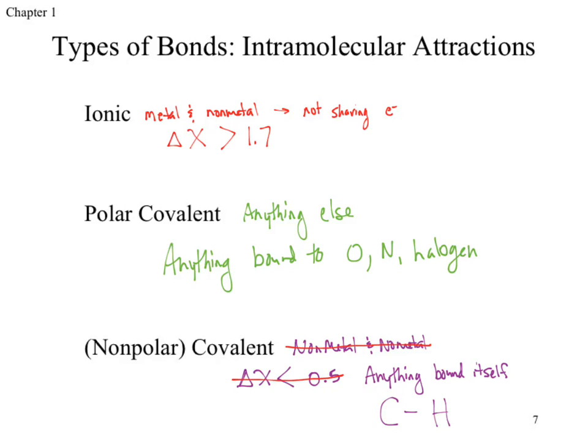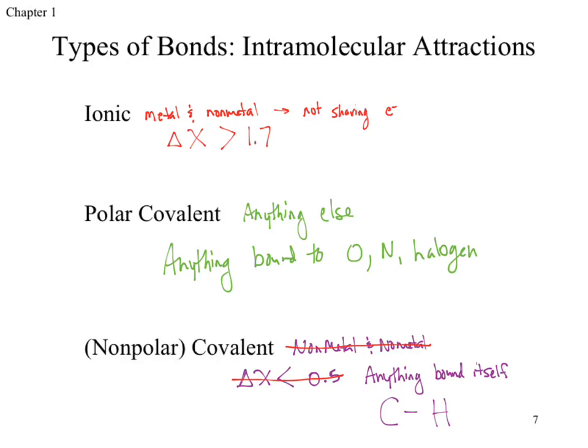So if we put anything next to them, we're now generating a polar covalent bond because they are naturally going to draw that electron density away because they are the most electronegative. Okay? This can now help us apply things because we can now look at a structure and very quickly say ionic bond, covalent bond, polar covalent bond. Why is that important? Of these, which ones do you think are going to react the most?